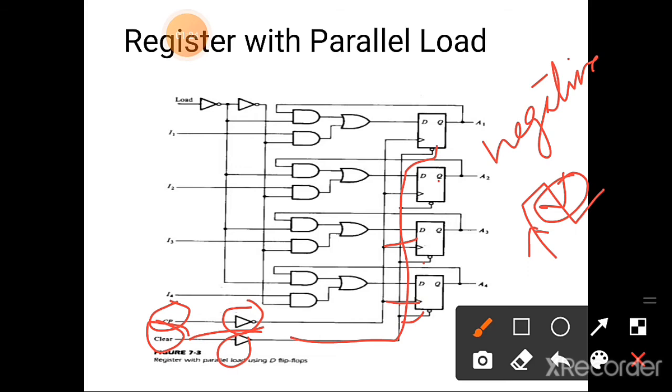When this terminal goes to 0, the flip-flops are cleared asynchronously, and the clear input is useful for clearing the register to all zeros prior to its clock operation. The clear input must be maintained at 1 during the normal clock operation.